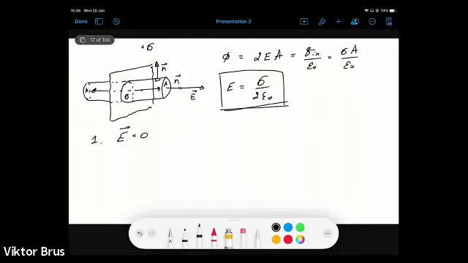So this is quite an obvious requirement, because electrostatic equilibrium assumes that there is no net charge transport, like movement of electrical charges inside the conductor under this electrostatic equilibrium.